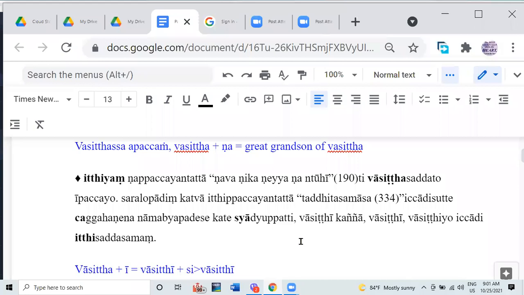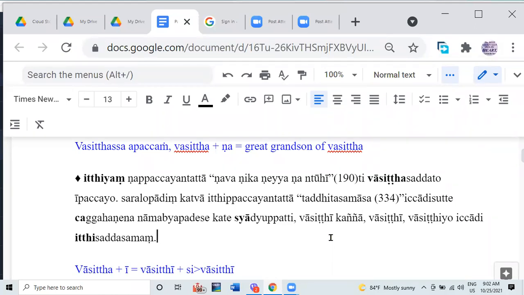If you want to form feminine words, according to Padarūpasiddhi of Kaccayana, there are only three suffixes: only the A suffix, the I suffix, and the ini suffix.